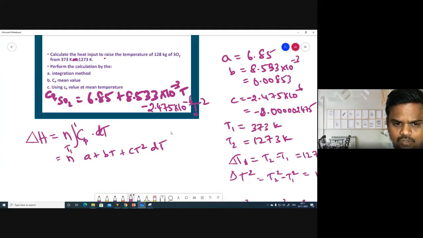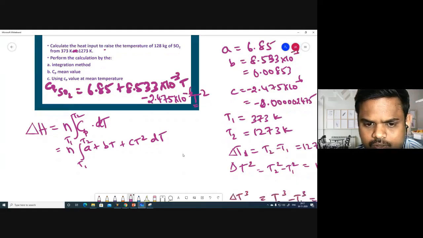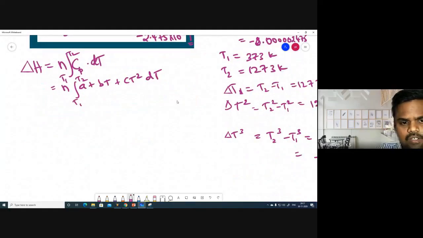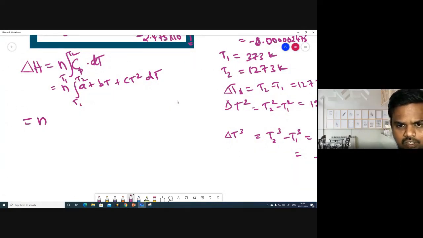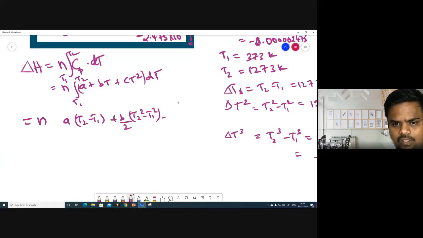Integrating A dT gives AT, and applying the upper and lower limits we get A into T2 minus T1, plus B into T2 square minus T1 square by 2, plus C by 3 into T2 cube minus T1 cube.